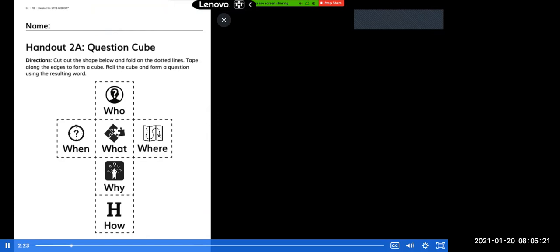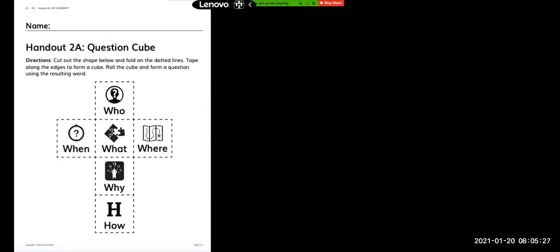If you do not have a paper copy of the question cube, no worries. I can post the question words on the screen as we notice and wonder. If you do have a paper copy and you'll be making a question cube, let's take a look at the directions and follow the directions to create the cube.